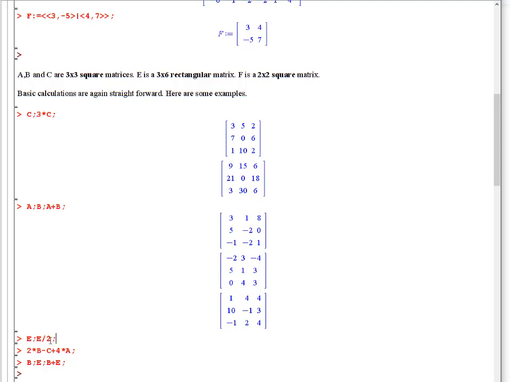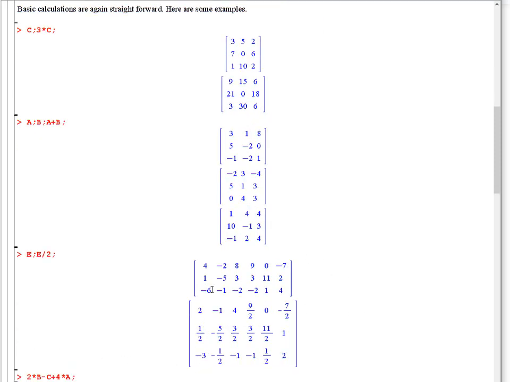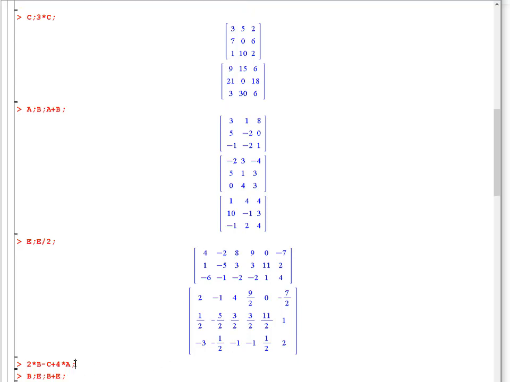Here we have divide by a scalar. There's that rectangular matrix E, and this is E divided by 2. You should be able to see what happens there. Every single number is divided by 2. So fairly straightforward. Then you can have combinations like this. This is going to be 2B minus C plus 4A.